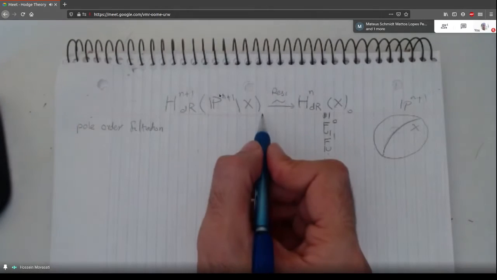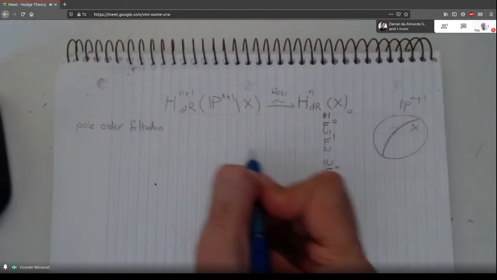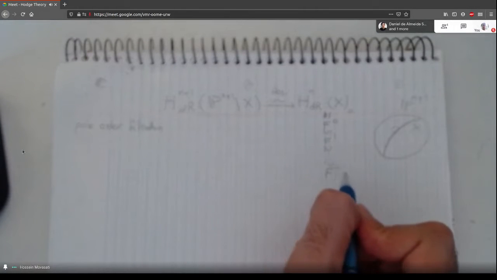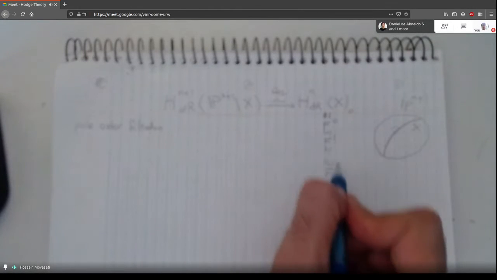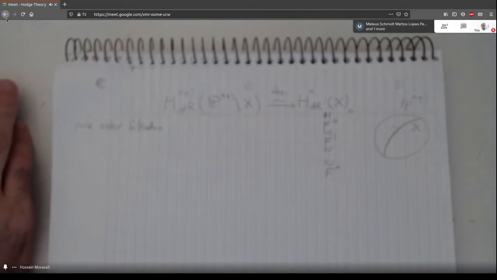The Griffiths theorem says that, by changing these numbers, the filtration pieces are mapped to each other.